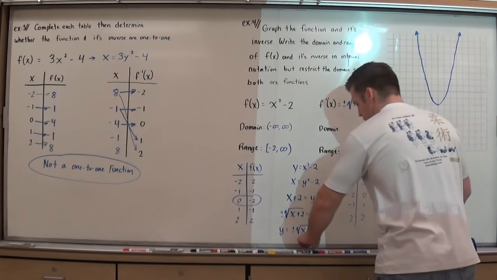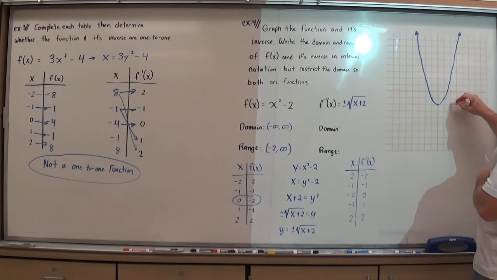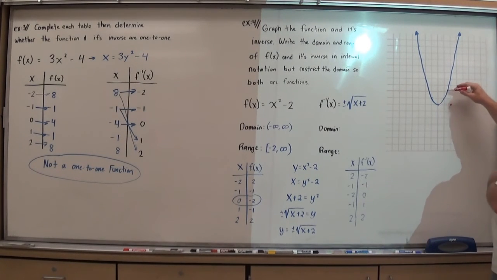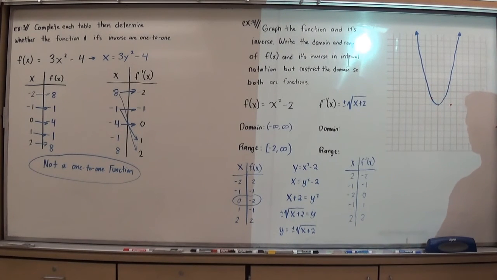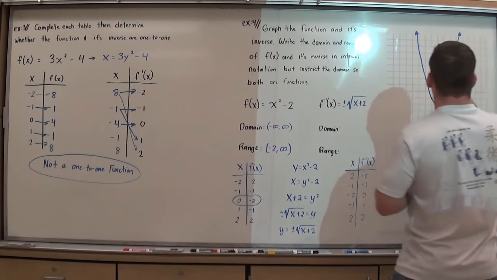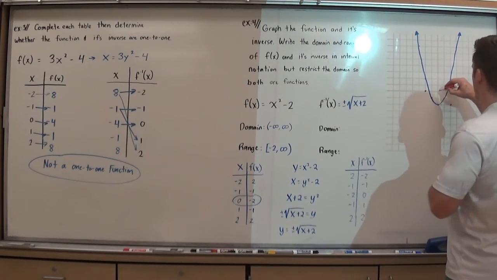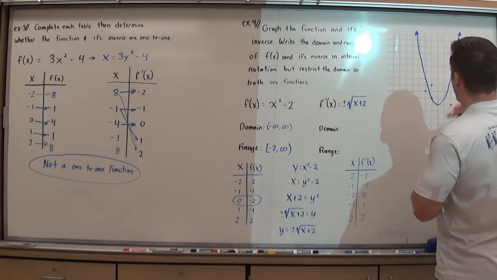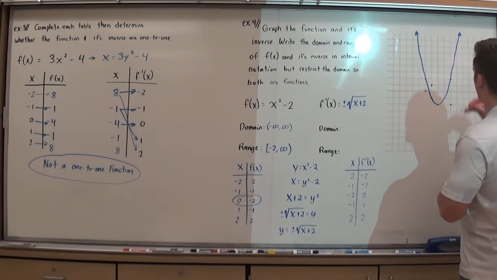And I'm going to plot those points in red. Okay, 2, -2, right here. -1, -1, right here. -2, 0, right here. -1, 1, right here. 2, 2, right here.